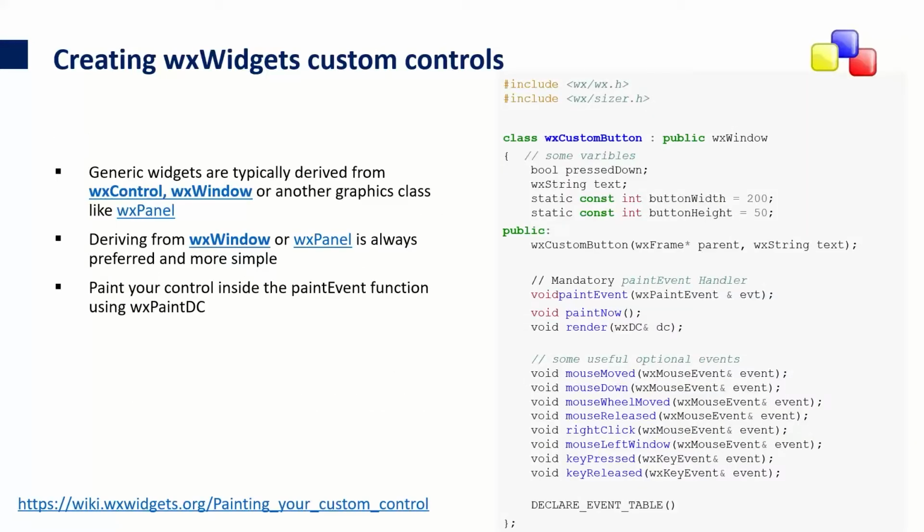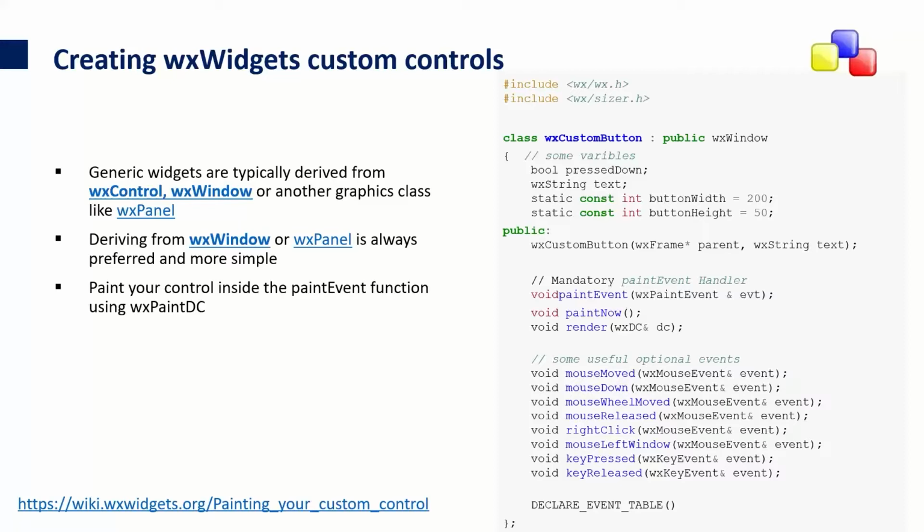First of all, we need to remind that all generic widgets are typically derived from wxControl, wxWindow, or wxPanel. Usually, we prefer deriving from wxWindow or wxPanel because it's more simple.